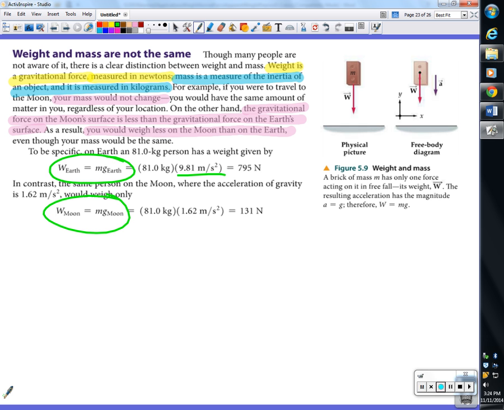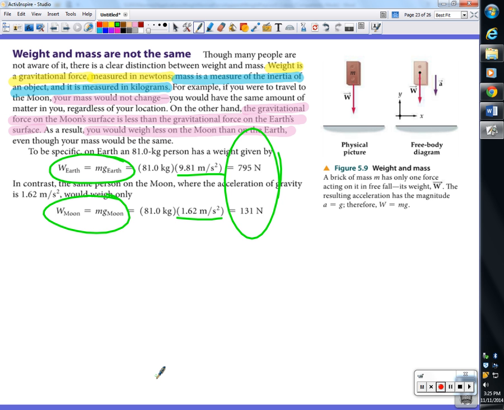On the moon, we would still calculate weight as m times g, but the g value, the acceleration of gravity, is different on the moon than it is on Earth. And therefore, the weight of the same object would be different on the moon than it is on the Earth.